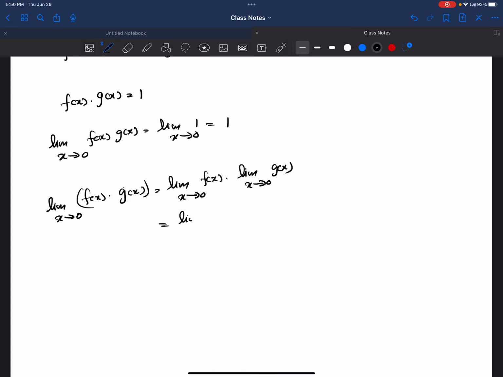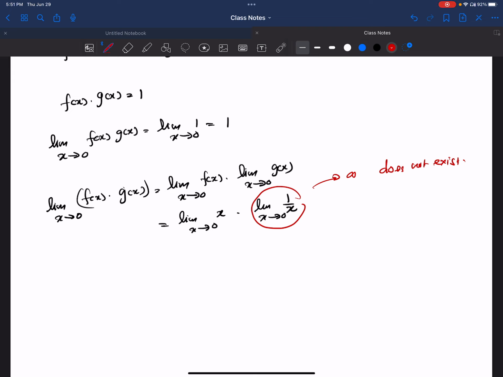Now this is limit x goes to 0, x times limit x goes to 0, 1 over x. This does not exist because this goes to infinity. Does not exist. So the product rule cannot be used.